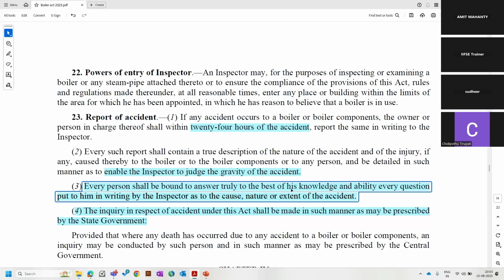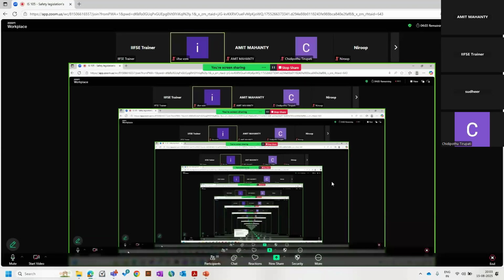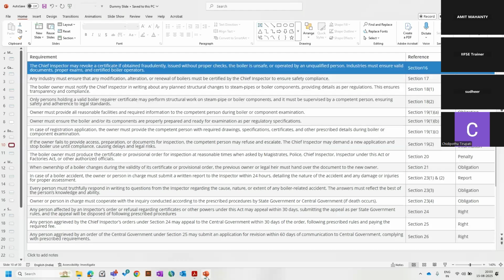The inquiry in respect of an accident under this act shall be made in such a manner as may be prescribed by the state government. So the inquiry happens as per the state government guidelines. Okay. Okay, this we have covered.